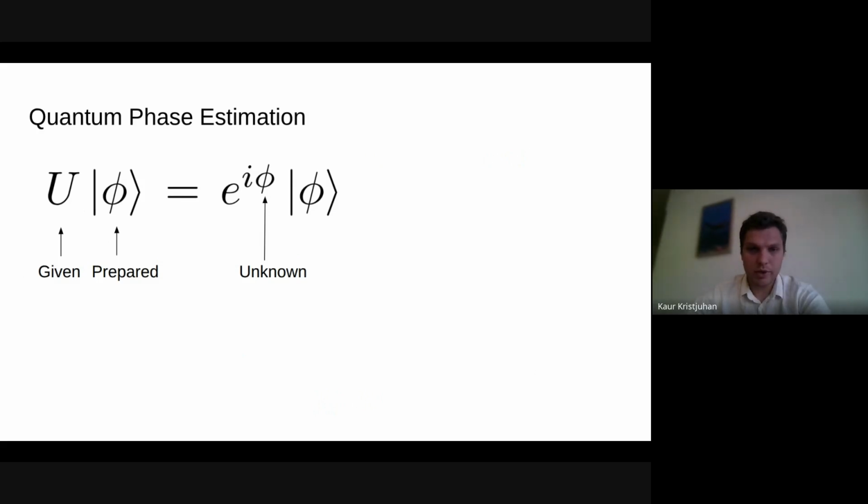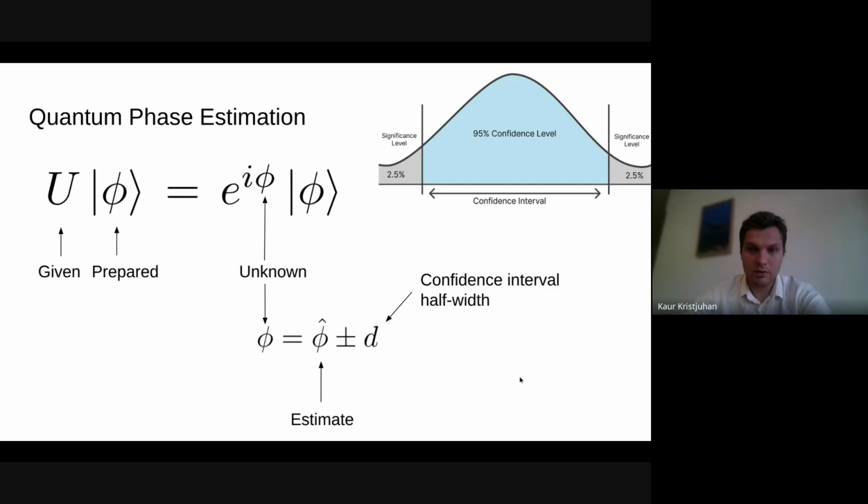The most crucial thing to know about this algorithm is that it's not actually going to give you the answer. What it's going to give you is an estimate. So the real answer is going to be within some distance from that estimate. And the width of that interval in which you can guarantee that the answer will be is going to depend on how strictly you are going to allow errors.